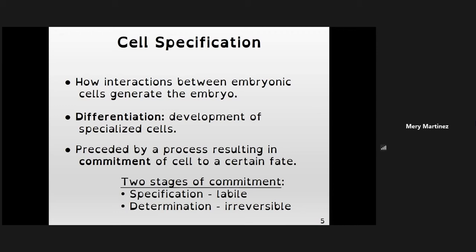So the process of commitment of a cell can be divided into two different stages. Okay, a specification. This specification stage is labile. Okay, so at this stage, the commitment is still capable of being reversed.